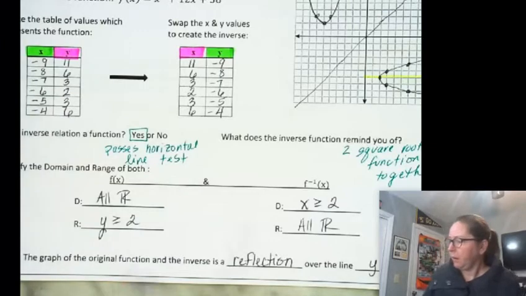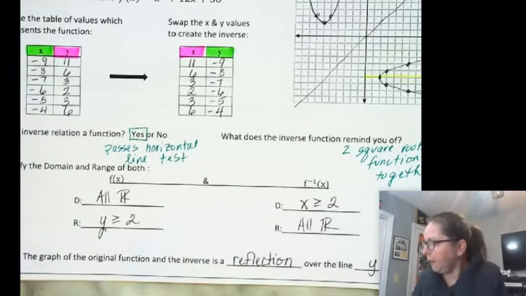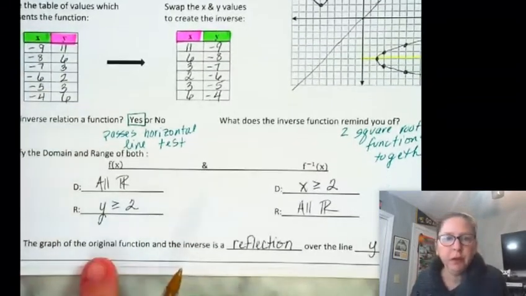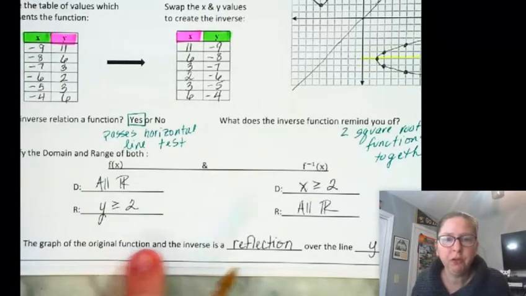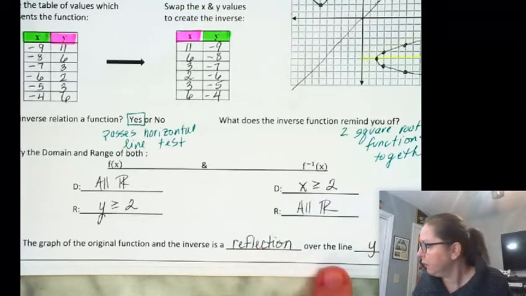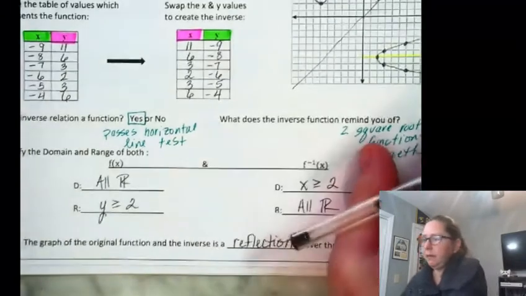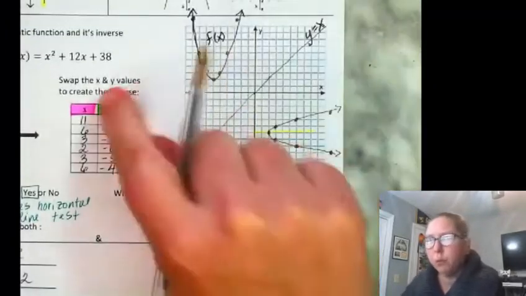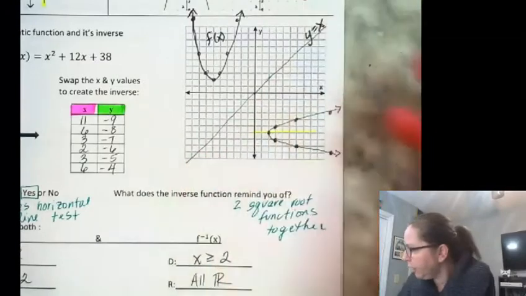Okay, now there is an extra note down here. The graph of the original function and the inverse is a reflection over the line y equals x is what that should say, y equals x. And so I drew that line y equals x for you right here.